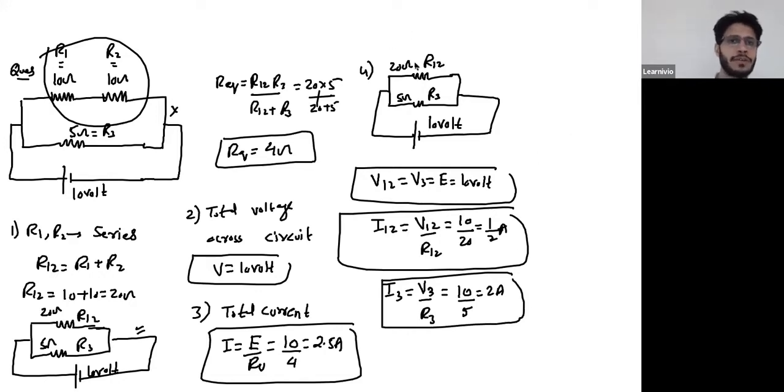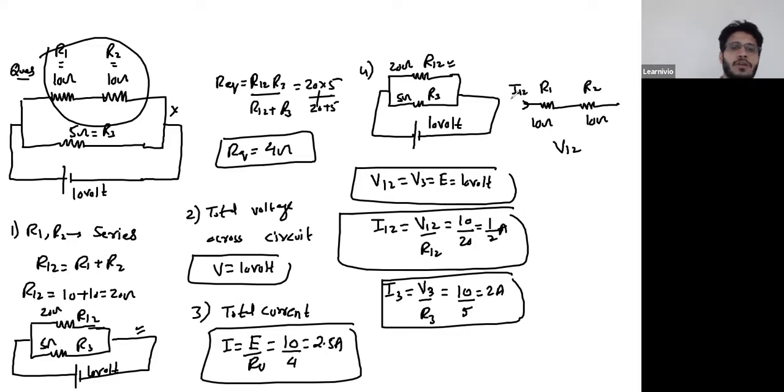Okay. This R12 still needs to be solved. To solve R12, we can just expand it. What was R12? R12 was the series combination of 10 and 10. So just expand R12. This is R1, this is R2. That's 10 ohm, that's 10. That's V12 voltage, and the current through them is I1.